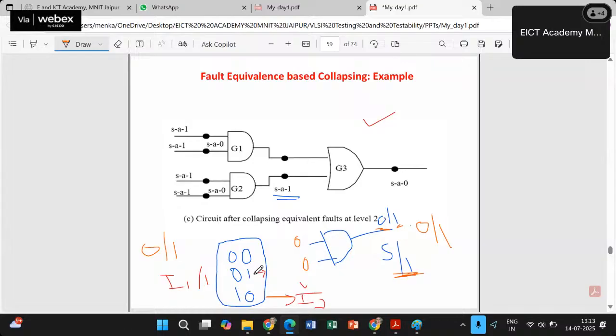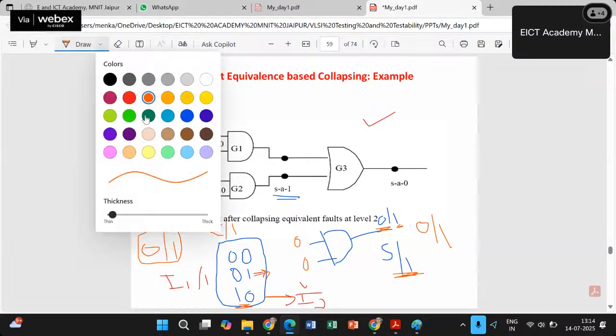If I apply 0 1, I am expecting 0 output, but I am getting 1 output. That is erroneous. Likewise, if I make input 1 0, then also I have 0 1 as the output. So the output is 0 1 in all these three cases, right? But the inputs are, for example, I1 has a common input with the output fault.